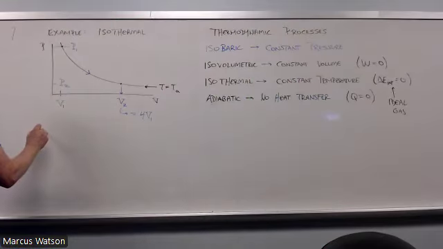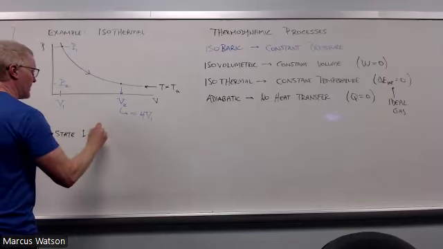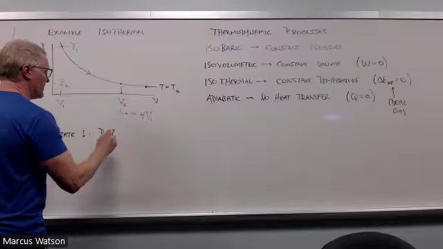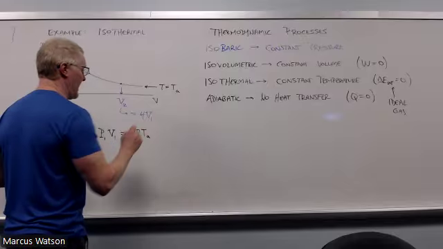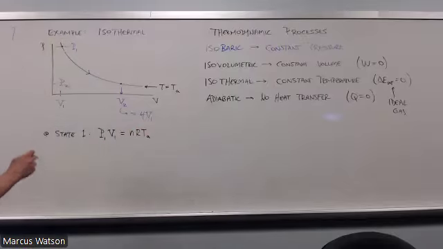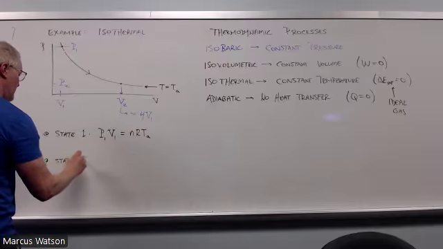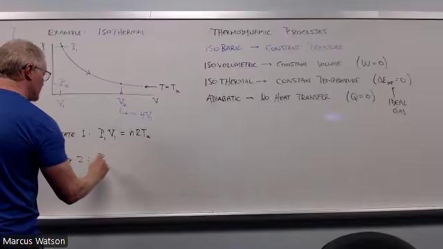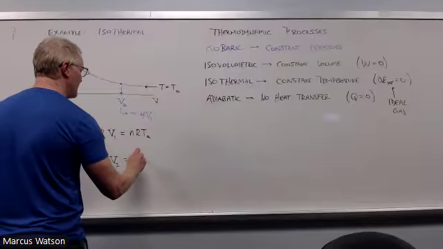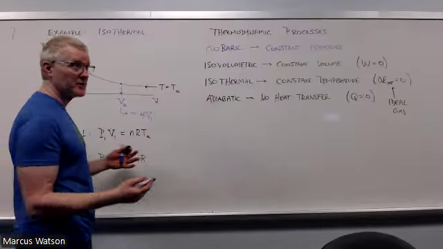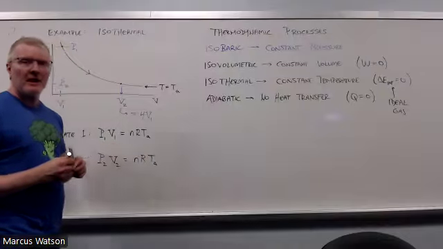So how can I do that? Here we are at state 1, and I've got pressure 1 multiplying volume 1, and that's equal to NR times TA. Now here I go to state 2, and I know that pressure is P2, volume is V2, N is the same, R is a constant, which we should talk about at some point, and the temperature is still equal to TA.